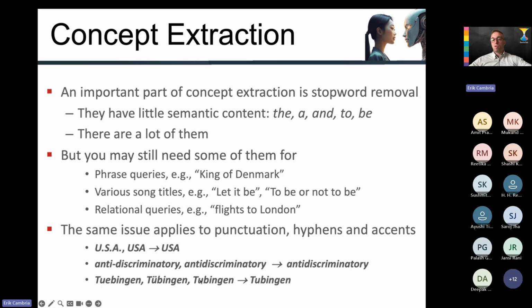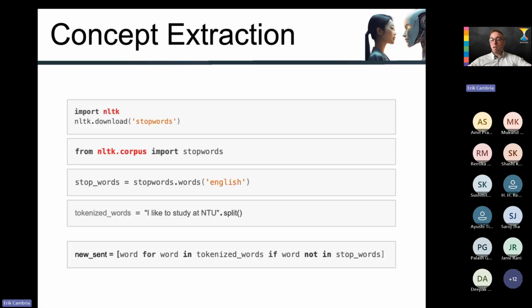So concept extraction is about extracting meaningful keywords and multi-word expressions, but also about normalizing word inflection so that you don't have duplicates in your dictionary or word embedding lists.